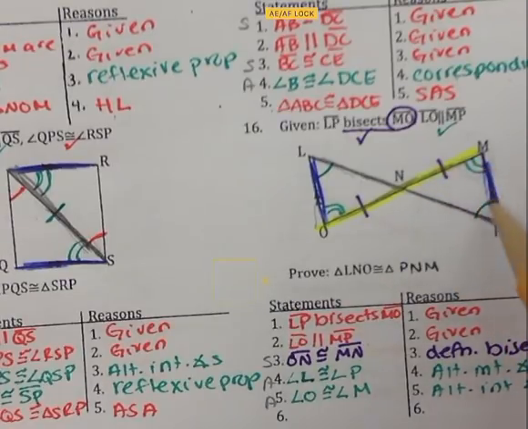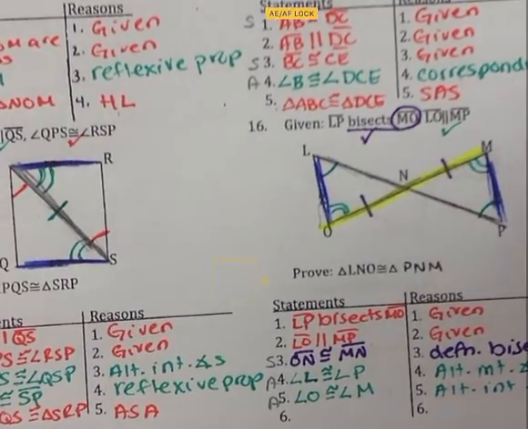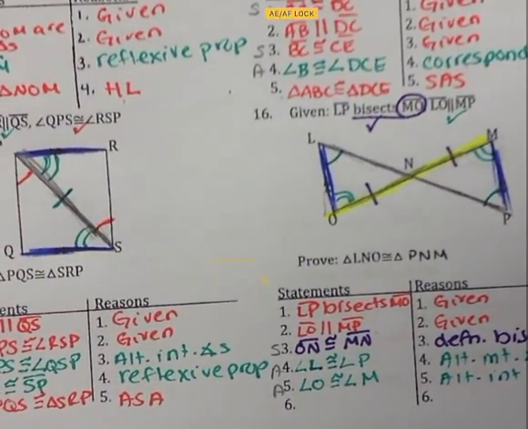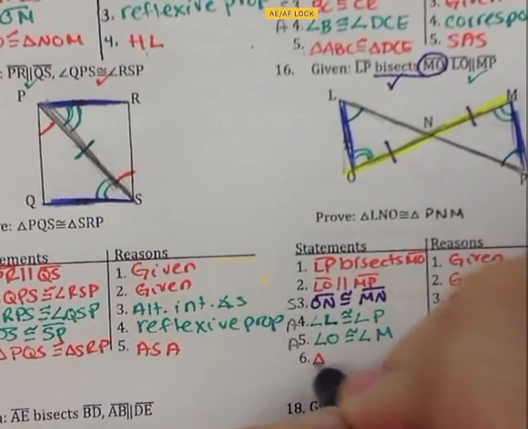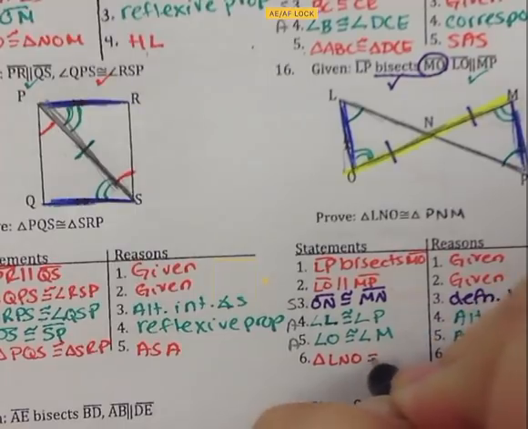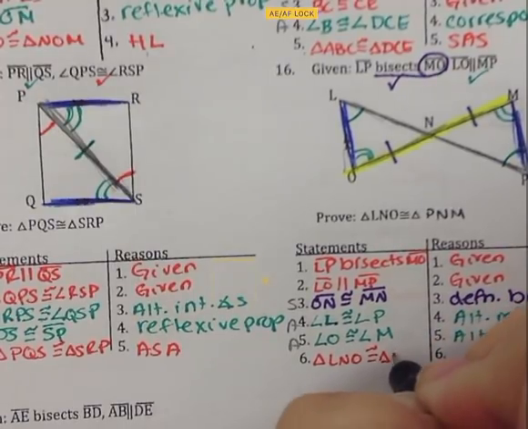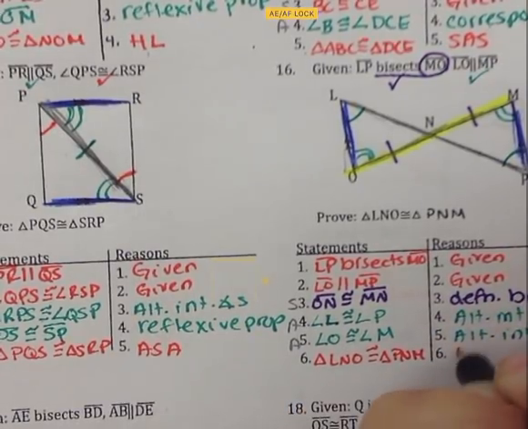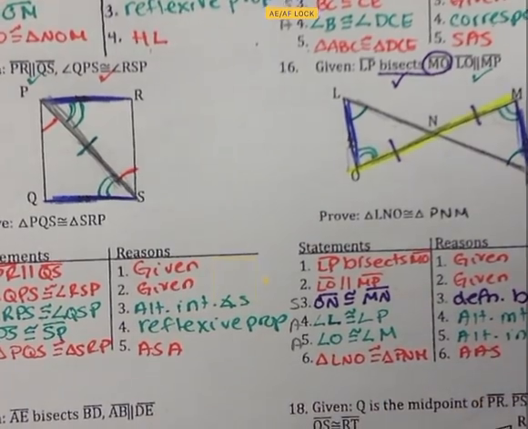The blue was the parallel. So the tick mark was in yellow. That's only touching one of the greens. So it's only touching one of the A's. That's angle, angle side. So triangle LNO is congruent to triangle PNM by angle, angle side.